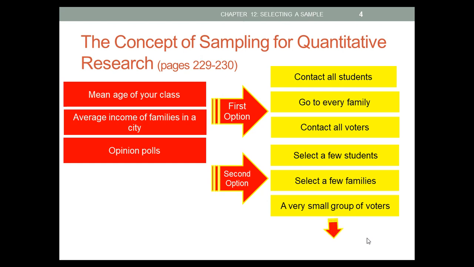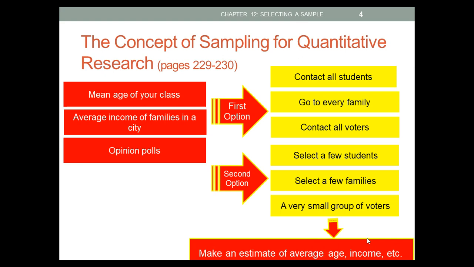So the idea is to make an estimate or prediction of the average age of your class, the average income of the households in the city, or the election outcome simply by talking to a few students, a few families, or a very small group of voters, rather than talking to everyone, which is very expensive and very difficult to do.